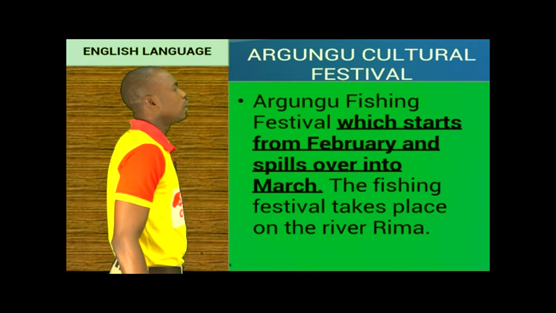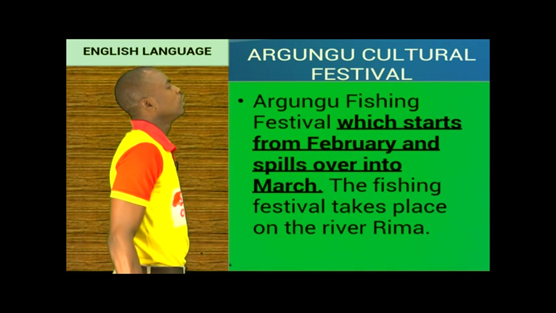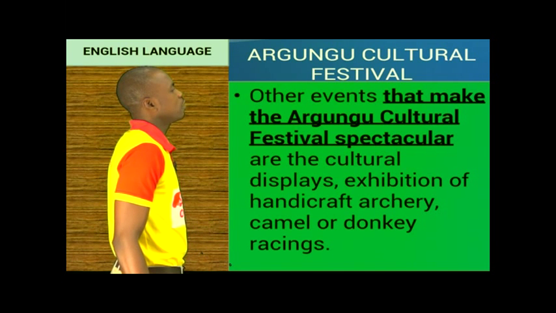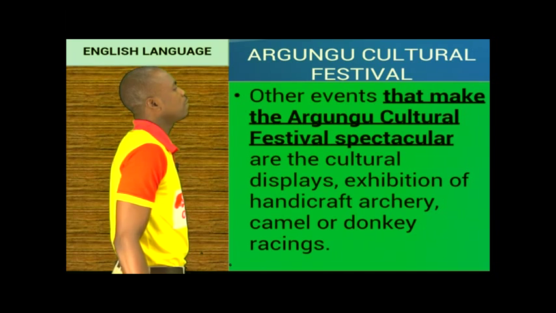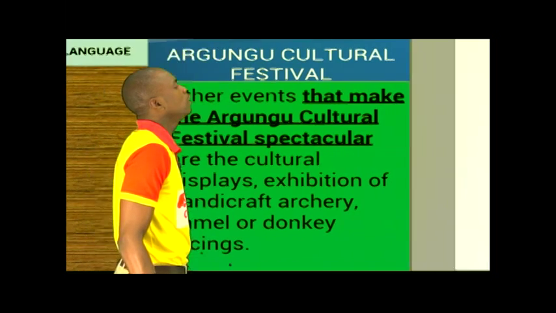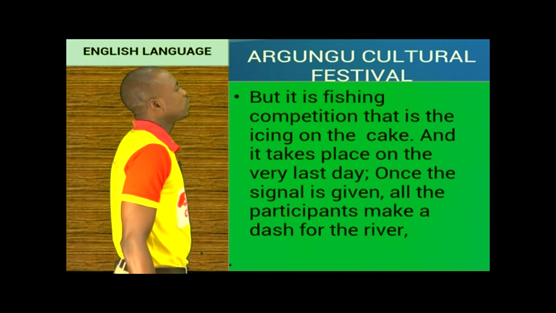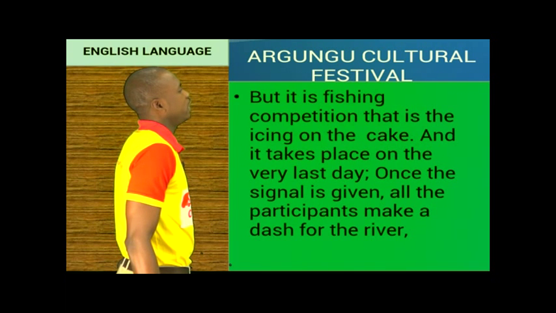the fishing festival takes place on the River Rima. Other events that make the Agugu Cultural Festival spectacular are the cultural displays, exhibition of handicraft, archery, camel or donkey racing. But it is the fishing competition that is the icing on the cake, and it takes place on the very last day.